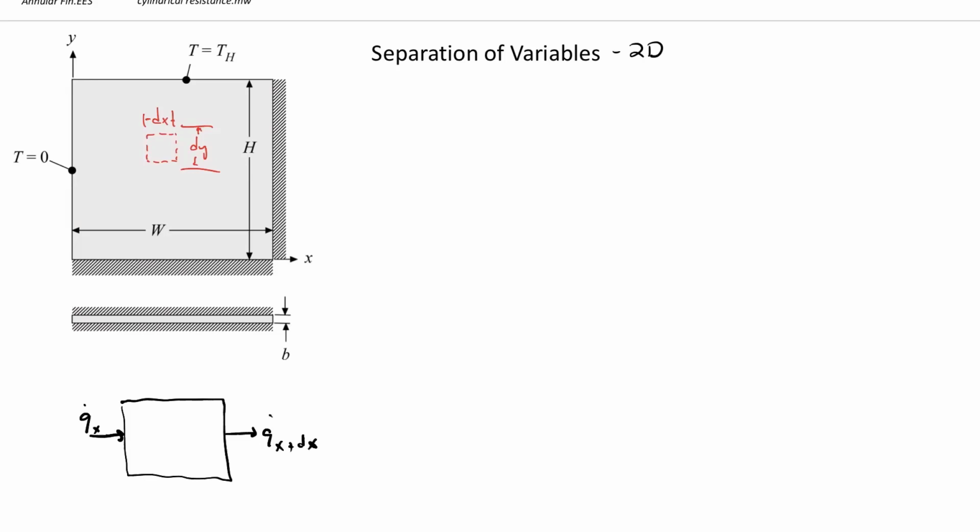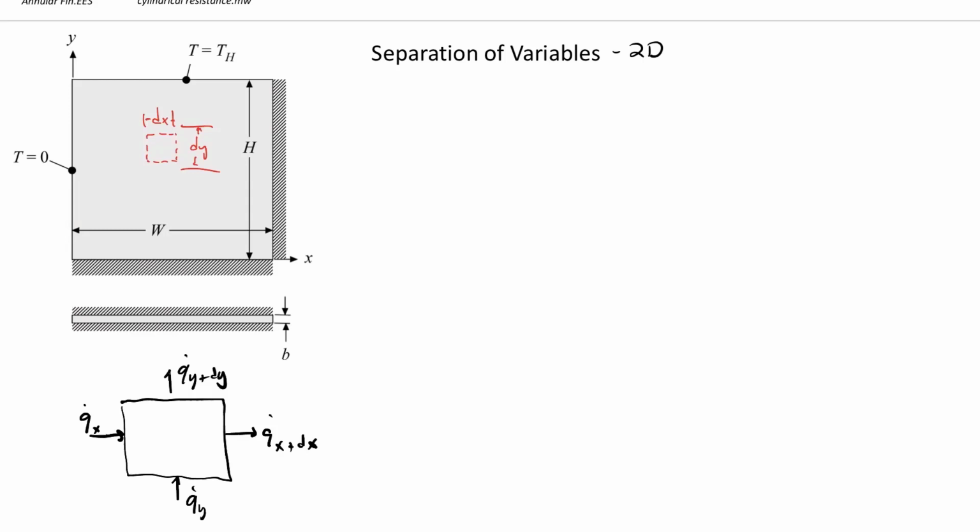Okay, but then on the y, normally we would say that's 0. We also have heat flow coming in from the bottom, q dot y, and we have q dot at y plus dy. Right, so those are the 4 heat flows that we have now. In this problem, we're not going to have any generation or internal energy change at this point, so we'll ignore those things. This is our control volume.